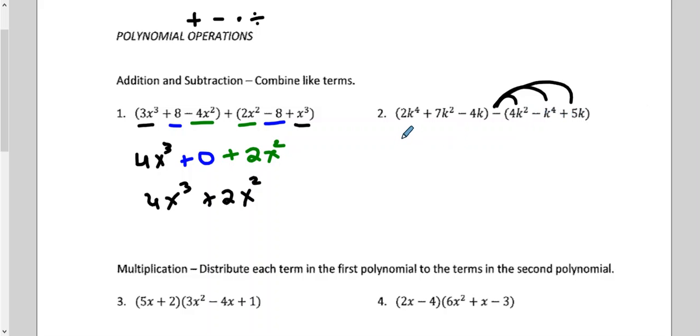So I'm just going to write this down: 2k to the fourth plus 7k squared minus 4k, and then this negative makes it a negative 4k squared. Negative times a negative is a positive k to the fourth power. And then negative, so that's negative 5k.